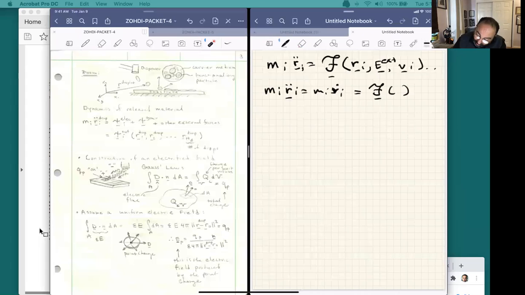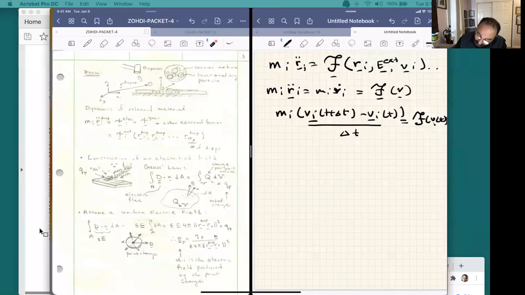So I'm just going to stick in a placeholder, v here, and write this as m_i (v_i(t + delta t) minus v_i(t)) divided by delta t is equal to f of v_i(t), right?